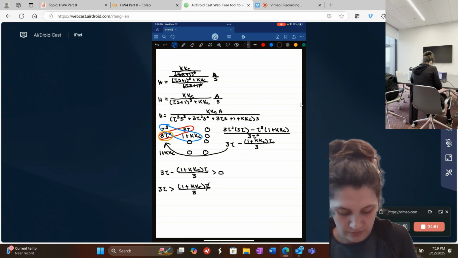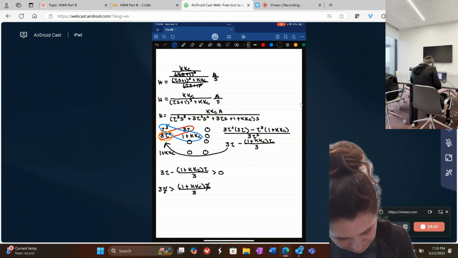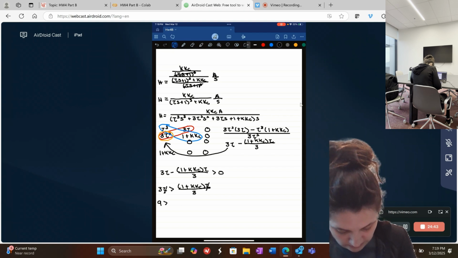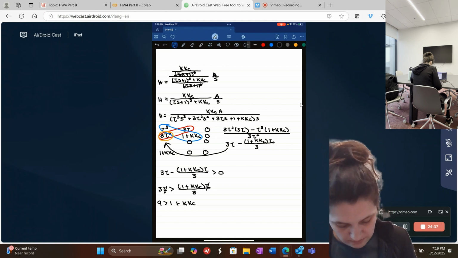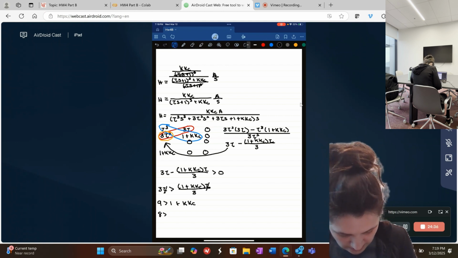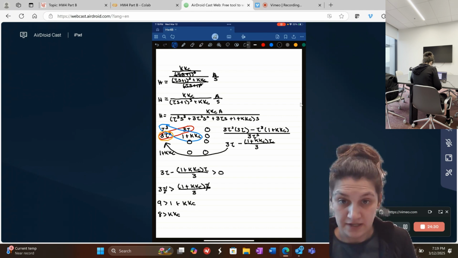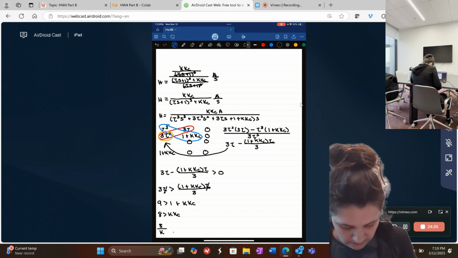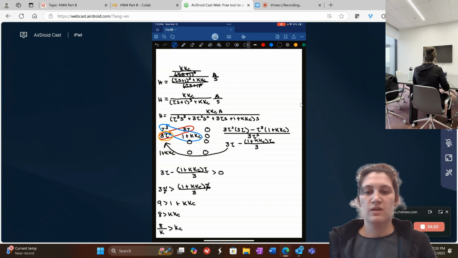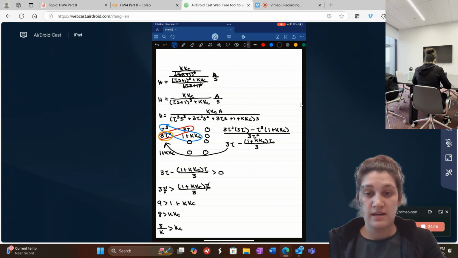We can cancel out the tau on each side, and multiply both sides by 3, which gives us that 9 is greater than or equal to 1 plus k times kc. Subtract 1 on both sides, which is 8 is greater than k times kc, and to isolate kc, we just divide by k, which leaves us with 8 divided by k is greater than kc. So now we know the maximum value that kc can be is 8 over k.